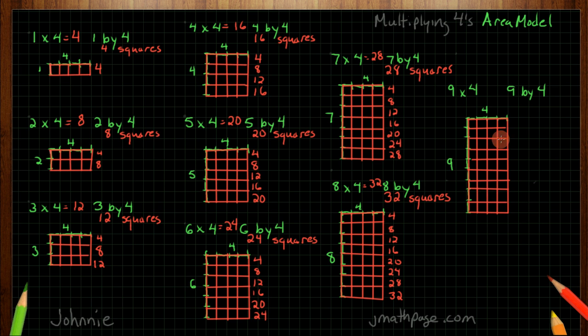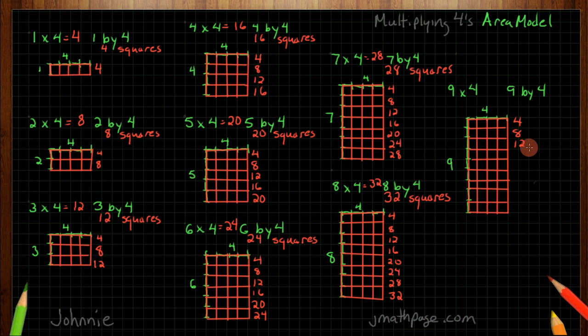So 9 rows and 4 columns. Okay, but how many squares are there in this rectangle? Well, we know the first row has to be 4. The second row together with the first makes 8. The first 3 rows, 4, 8, 12.